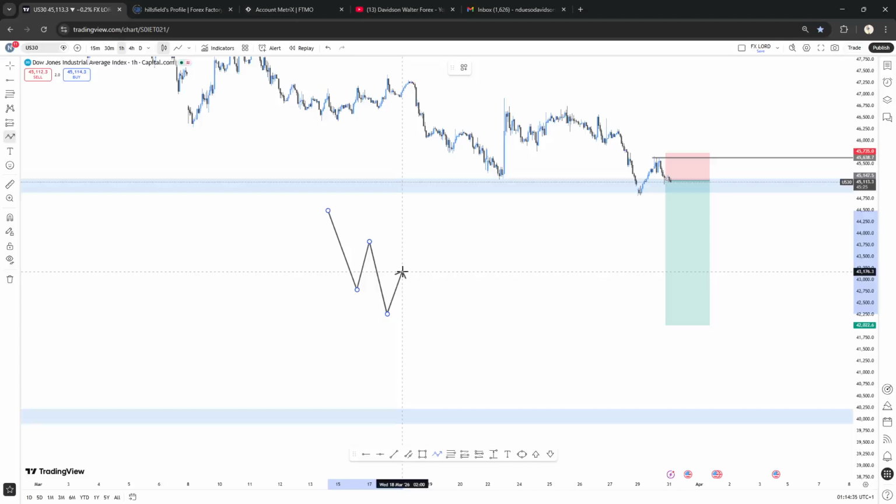There's a pullback or a correction, and then it continues. So you are going to get your entry at the continuation.